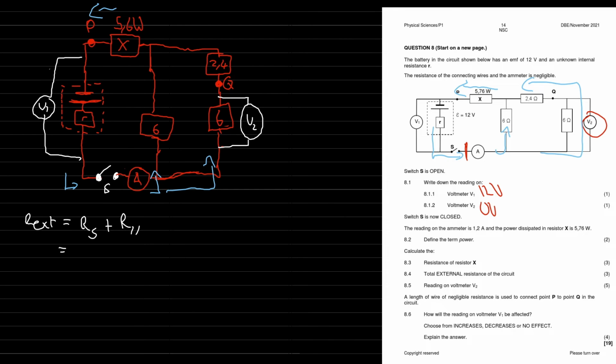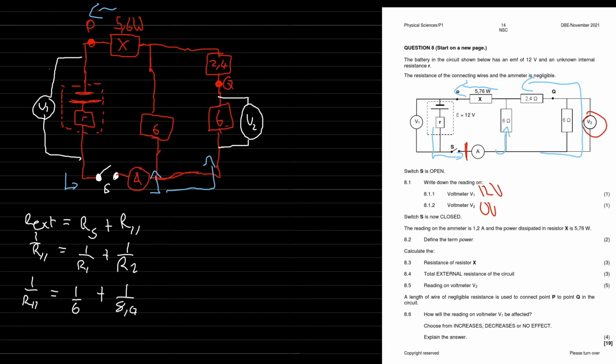Let's look at what R parallel is. 1 over R parallel is 1 over R1 plus 1 over R2, where R1 and R2 are the branches. So the first branch is 1 over 6, plus 1 over R2, which is this whole branch here, 2.4 plus 6, so 8.4.